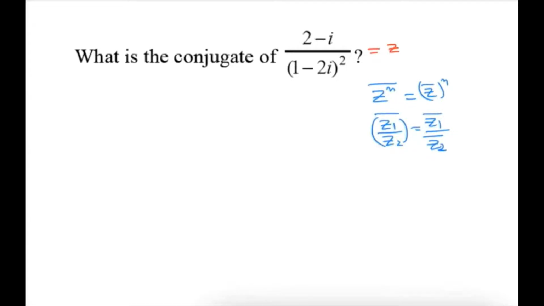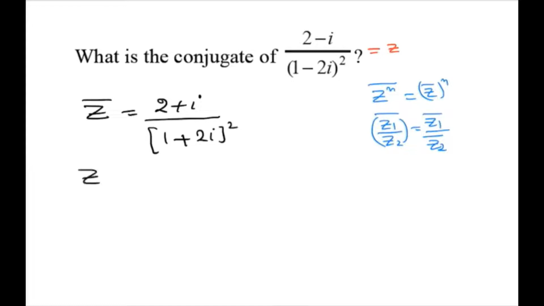So we can write conjugate of z as (2 + i) upon (1 - 2i) becomes (1 + 2i) whole square.